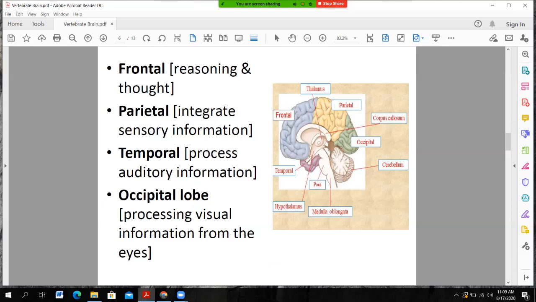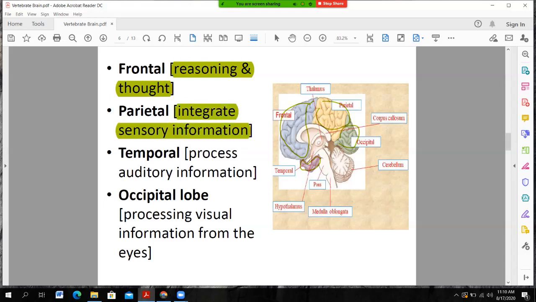There are four important lobes found in the cerebrum. One is the frontal lobe. This is the parietal lobe. This one is the occipital lobe, and this is the temporal lobe. Each lobe has a specific function. For example, the frontal lobe plays an important role in reasoning and thoughts, while the parietal lobe integrates sensory information.